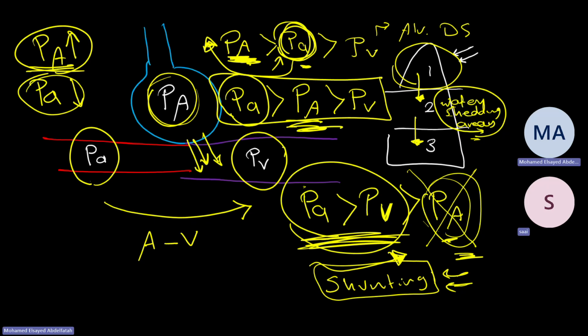It's very easy: hypotension, either due to vasodilatation, hypovolemia, low cardiac output, whatever. When this happens, zone 1 appears and the patient will start to desaturate.